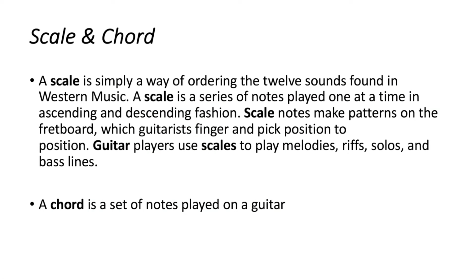The chords are formed from scales. So what is a scale and what is a chord? A scale is a simple way of ordering the 12 sounds found in Western music. A scale is a series of notes played one at a time in ascending or descending fashion. Scale notes make patterns on the fretboard which guitarists finger and pick position to position.